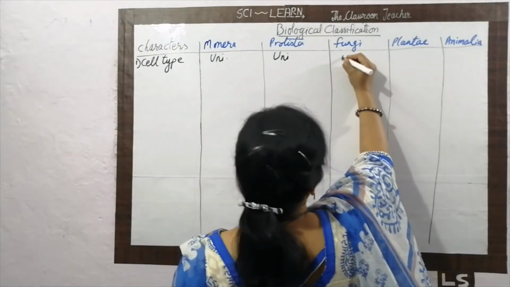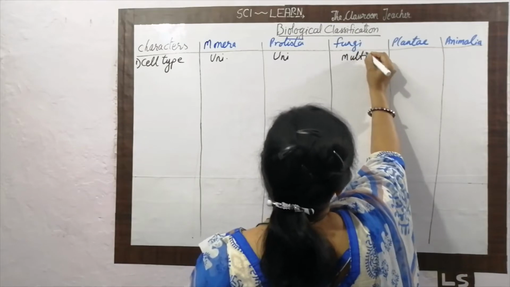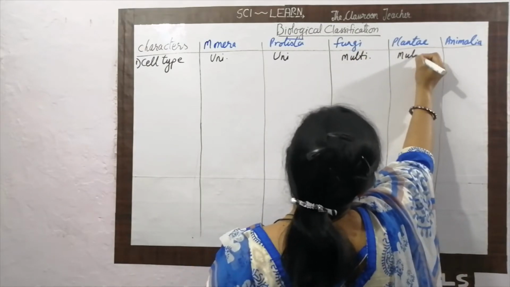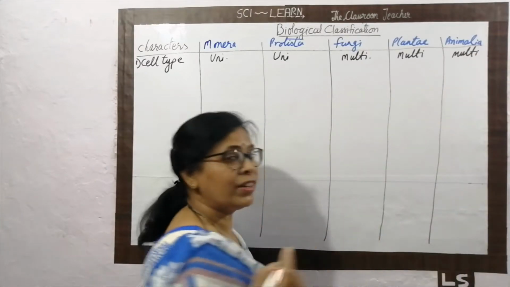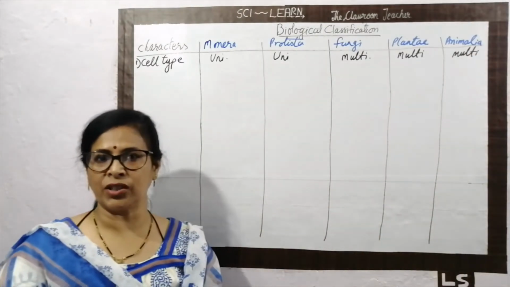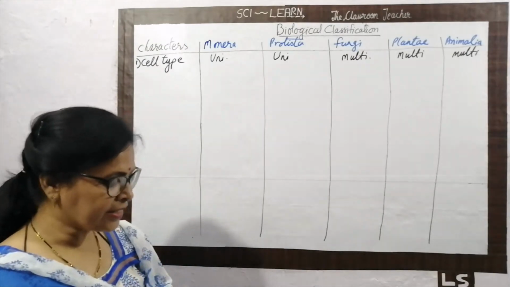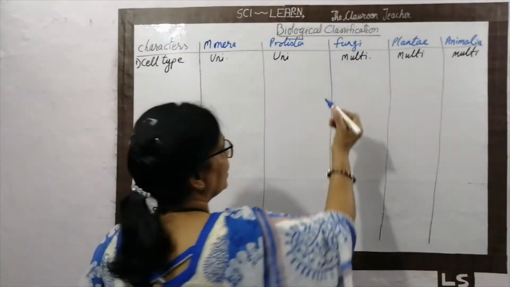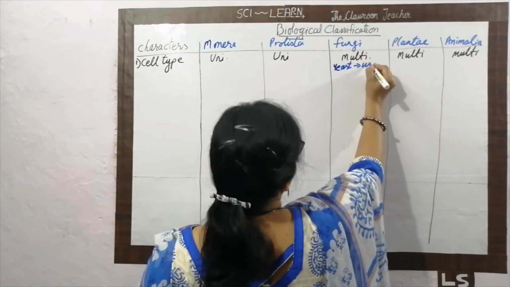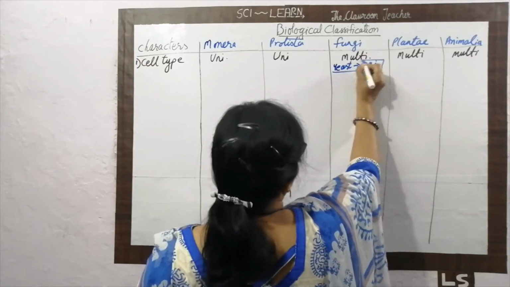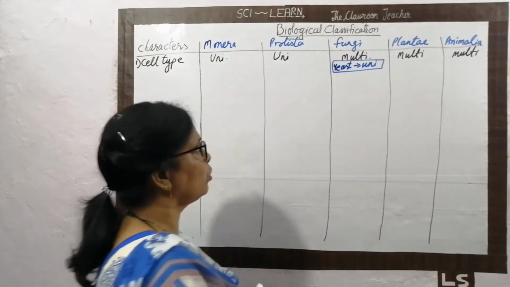But what about the fungi? It contains multicellular, plantae multicellular, Animalia multicellular. One fungi is there that is the exceptional case. That is yeast. Yeast is unicellular. You must remember, yeast is a fungi and yeast is unicellular. This is one exception case here. Okay, you have to remember it.